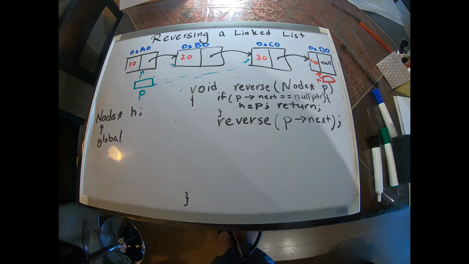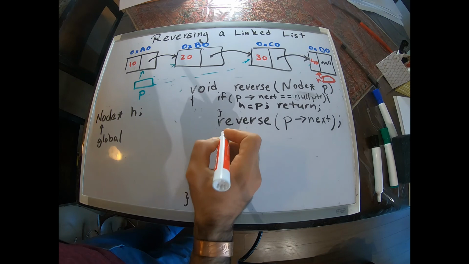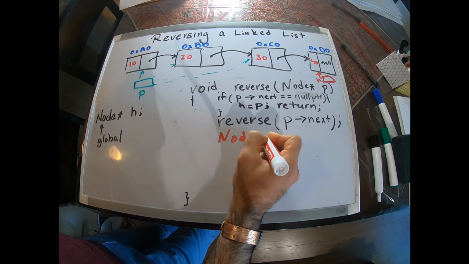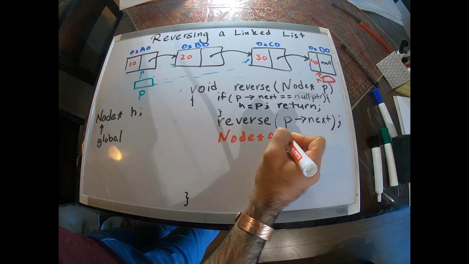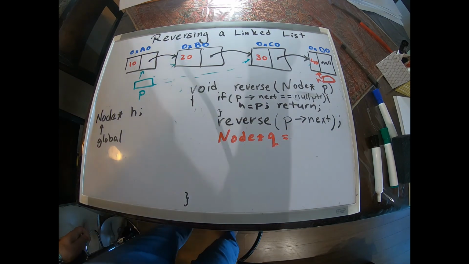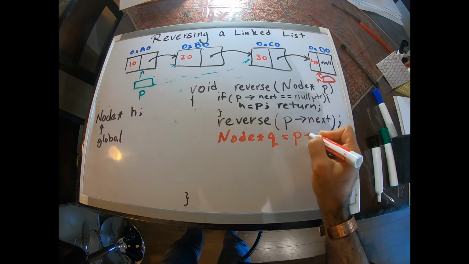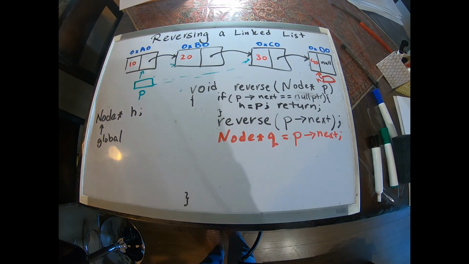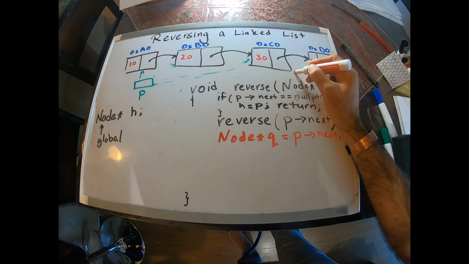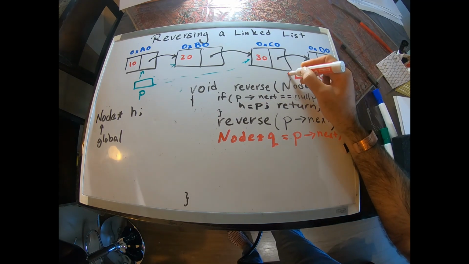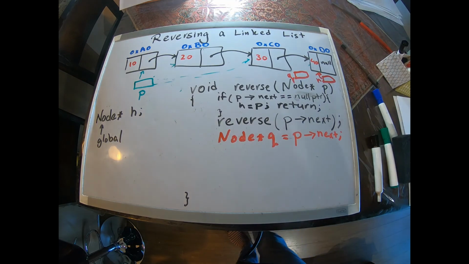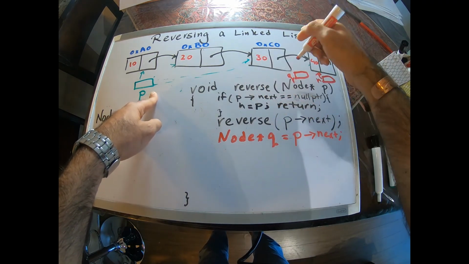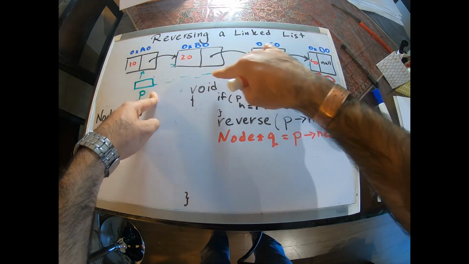So what we can do, I'm going to define another pointer. I'm going to say node star Q is equal to P arrow next. What's going to happen now, we're going to have this new pointer Q, which is going to be equal to P arrow next.